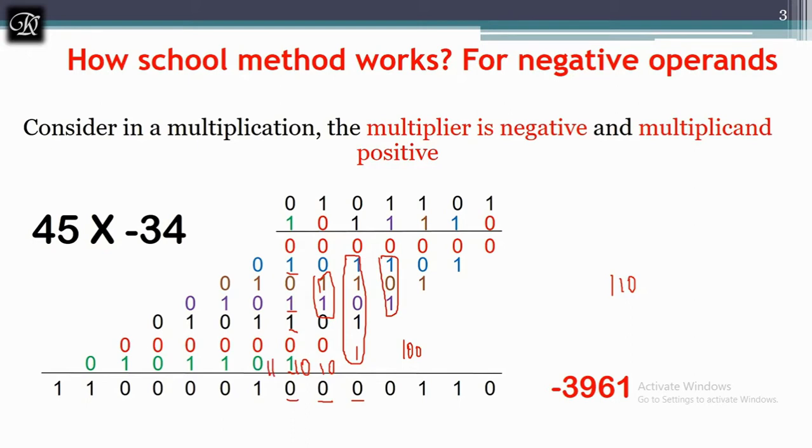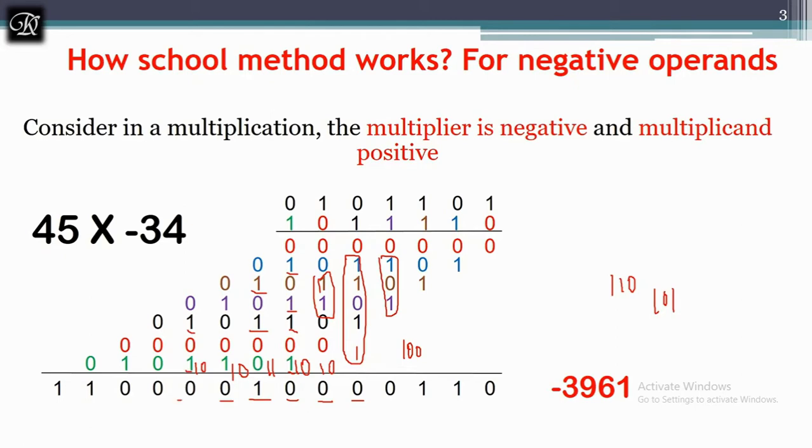Next again you can check, 1 plus 1 is 2, plus 3 is 5. 5 in binary is 1 0 1. So I am writing 1 here, and carry will be 1 0. Next 1 plus 1 is 2, plus 2 carry, I am getting 4. I am writing 0 here, and carry will be 1 0. Again 1 plus 1 is 2 plus 2 is 4.